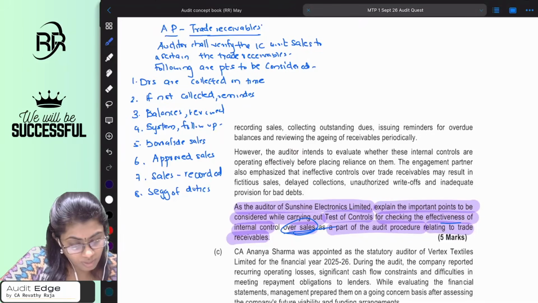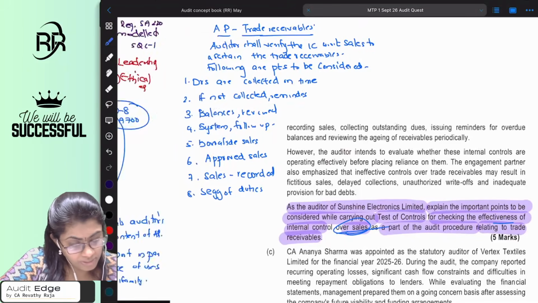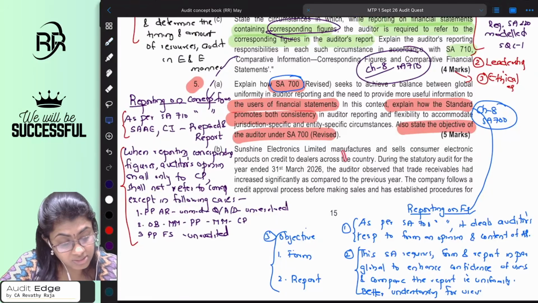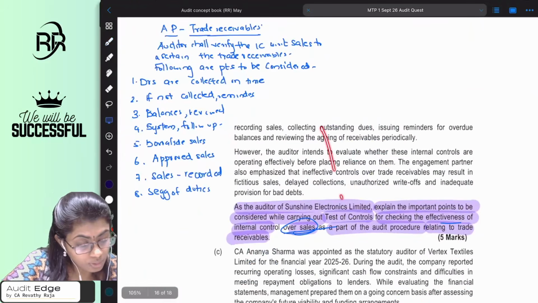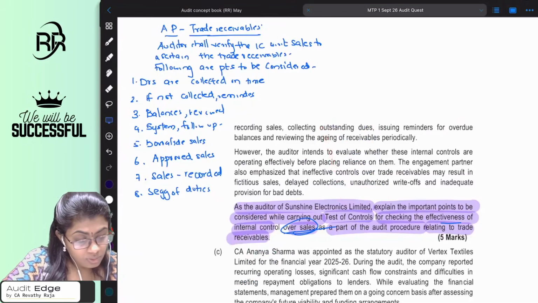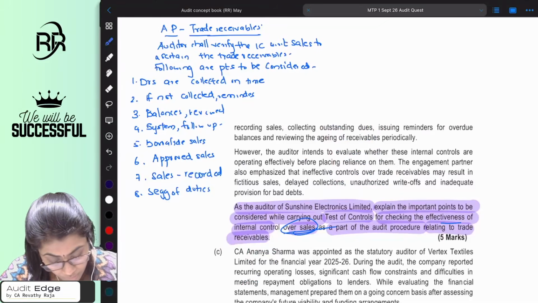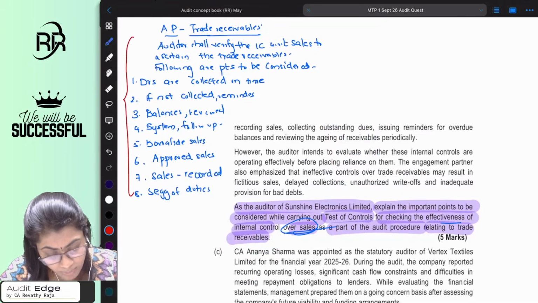So those are the points. Now here it's a case study. Since it's a case study, you have to write in the given case and conclude. So this should be the first main part.